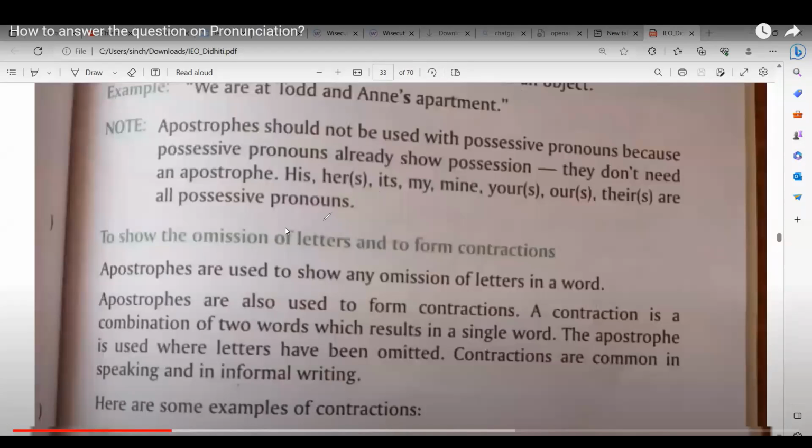So what is a possessive pronoun? When we are showing the ownership, then we are using a possessive pronoun. Is it clear, Shruti? Yes, ma'am. Tuhin, is it clear to you? Yes, ma'am. Great.